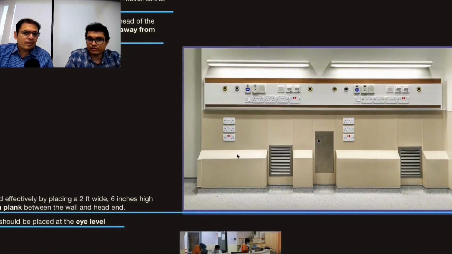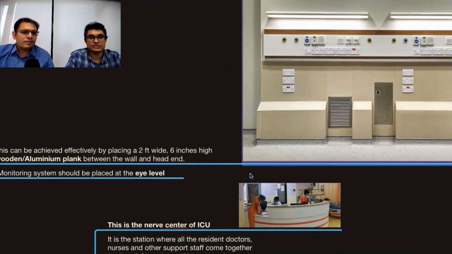The bed comes here, and it will not stick to the wall, and work can be done by any technical or housekeeping personnel at the head end. By mistake also you cannot hit the wall. This is a good system.